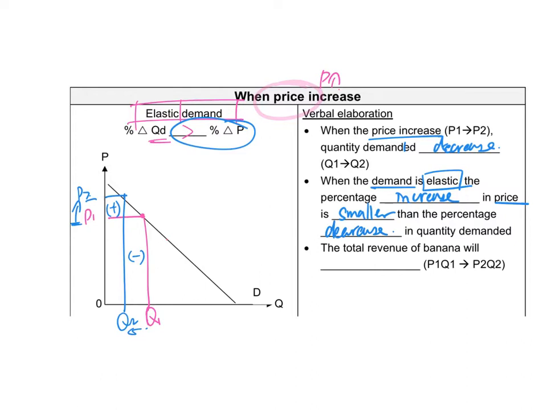According to the diagram, the plus is smaller, so total revenue decreases. So P1 Q1 to P2 Q2. This is what we learned before.